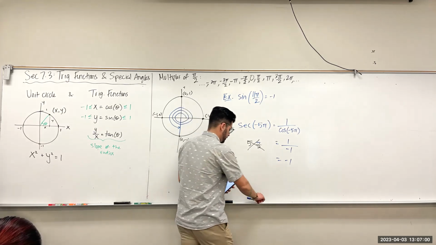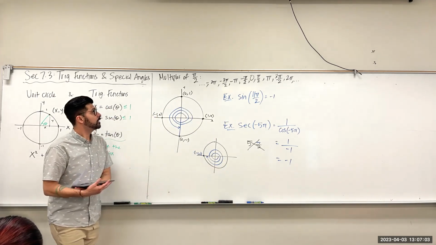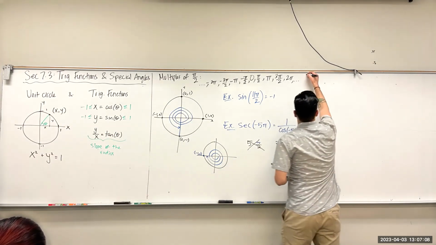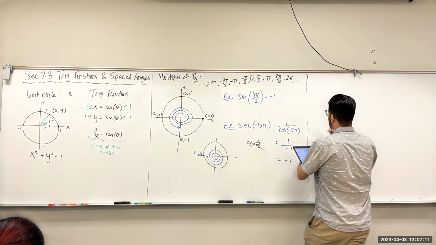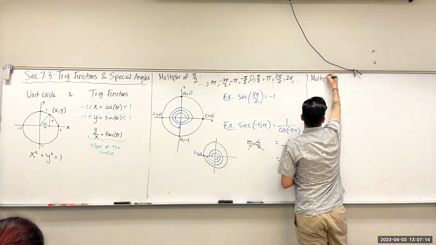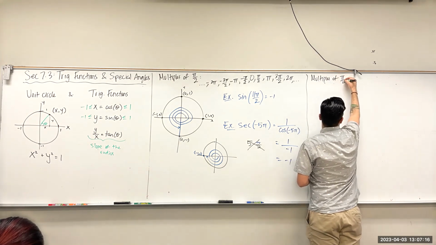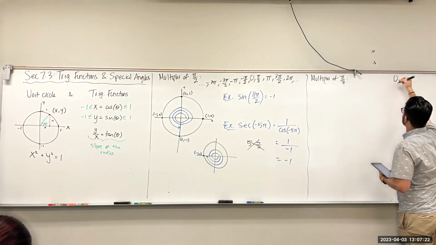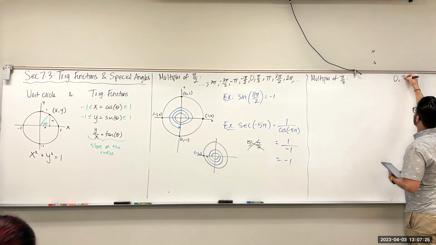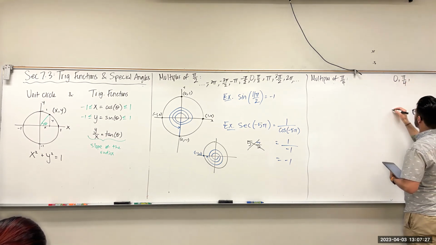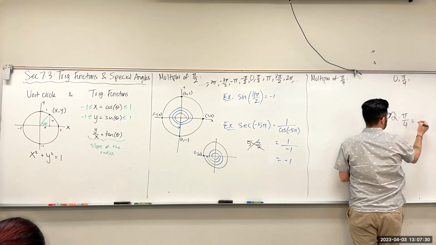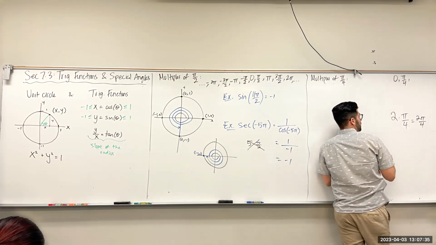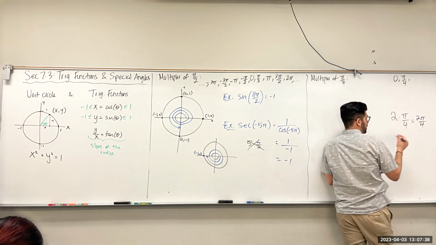Okay. You guys are going to get more chances to do one. So those are multiples of pi over 2. Let's get to the nastier ones: multiples of pi over 4. Let's do this again. 0 times pi over 4 is 0. 1 pi over 4 is pi over 4. 2 times pi over 4 reduces to pi over 2.